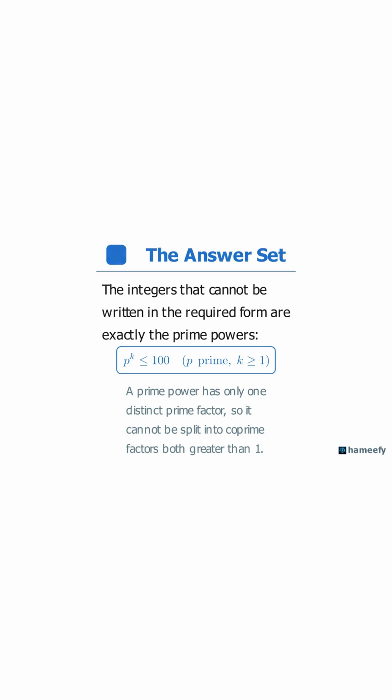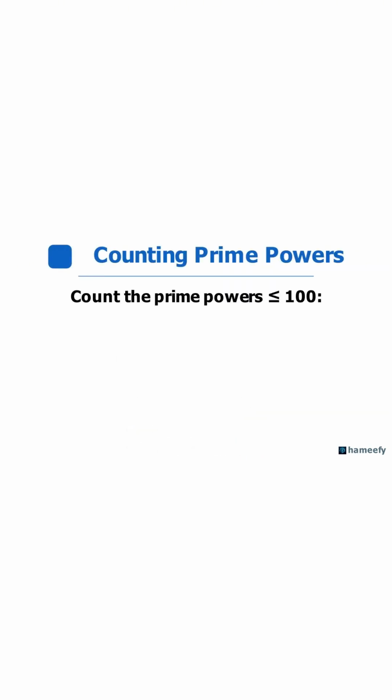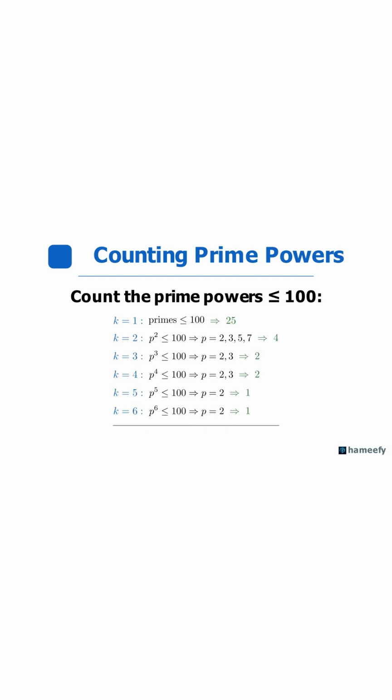For k equals 1, the primes up to 100, there are 25. For k equals 2, p squared at most 100 gives p in the set 2, 3, 5, 7. That is 4. For k equals 3, p cubed at most 100 gives p equals 2 or 3. That is 2.